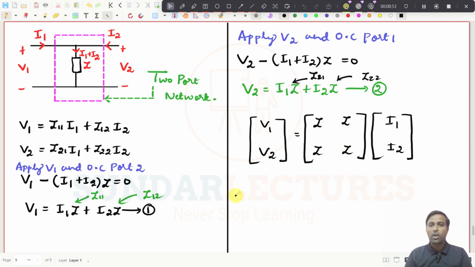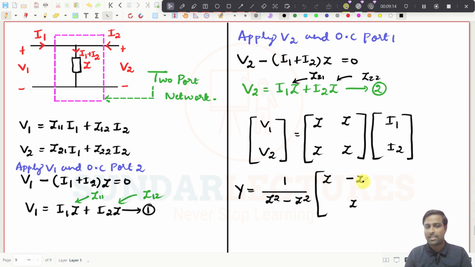Now, if you want to find the Y parameter, then you need to get the Y matrix, right? So the Y matrix will be, for an obvious reason, Z squared minus, this will also be Z squared, then this value will be reversed, and the sign of these two should be changed. This is the inverse. And what happens to the inverse?